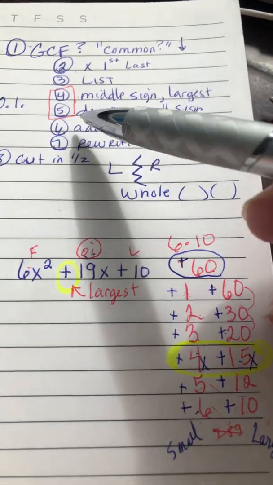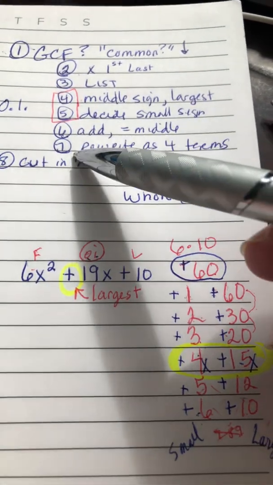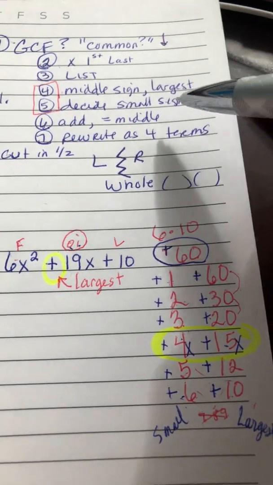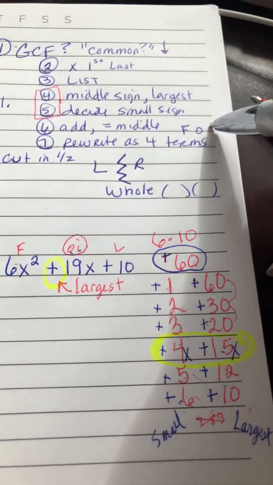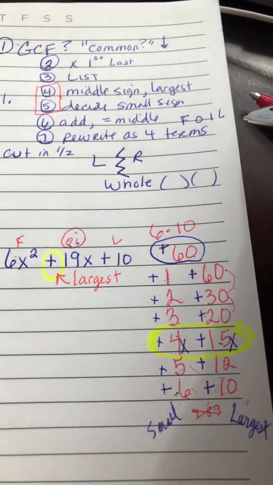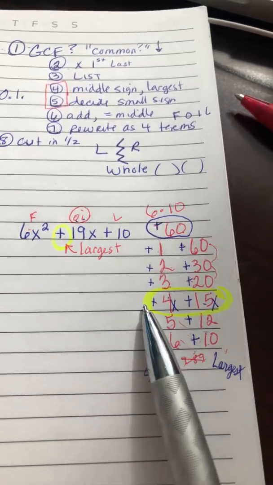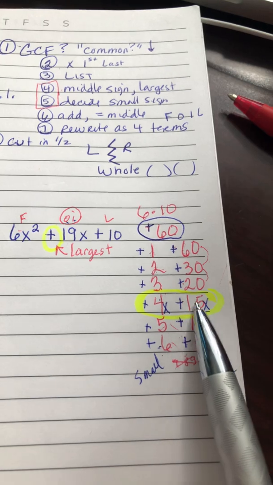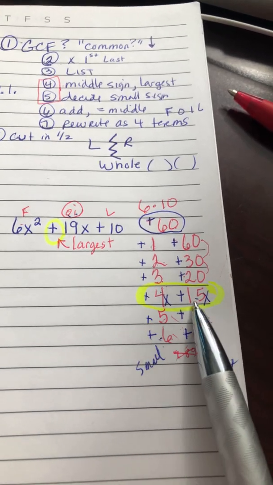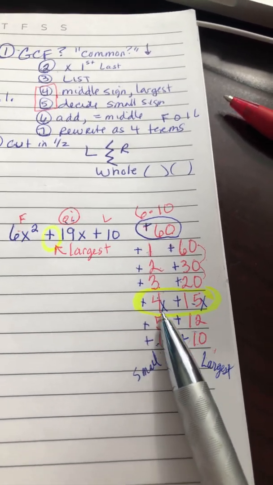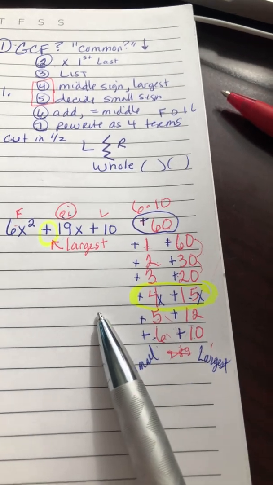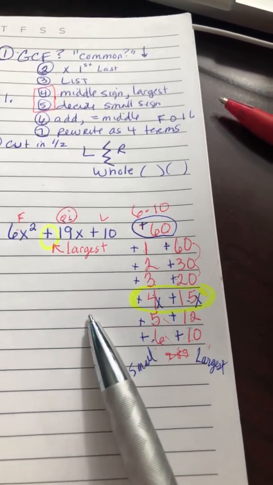So now this says once you find that middle term, rewrite the problem as the 4 terms, as the F, O, I, and L separate from one another. So I'm going to replace this 19x with a positive 4x and a positive 15x separately. And it does not ever matter which order. You can put the 15 first and then the 4, or you can put the 4 first and then 15.